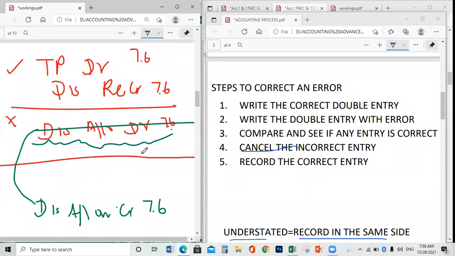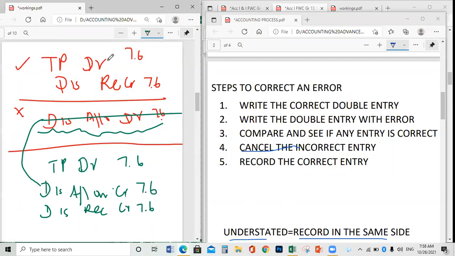Then what will you do? Record the correct double entry. What's the correct entry? The correct entry should be, guys, trade payable is debited 7,600. Discount received is credited 7,600. This is the correct entry. Now, guys, is the double entry equal?